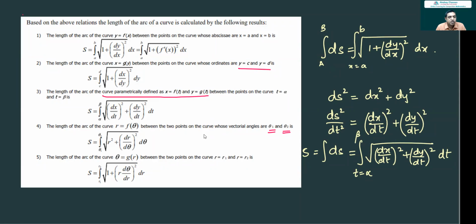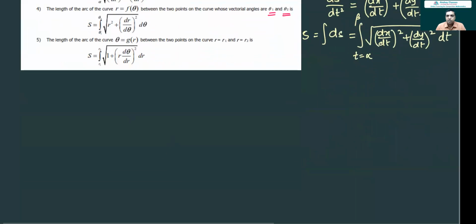And in polar coordinates, when we do it with respect to theta, it is r square plus dr by d theta whole square under root d theta. And when we do it with respect to r, it is 1 plus r d theta by dr the whole square under root dr. So this was about the lengths of the curves.